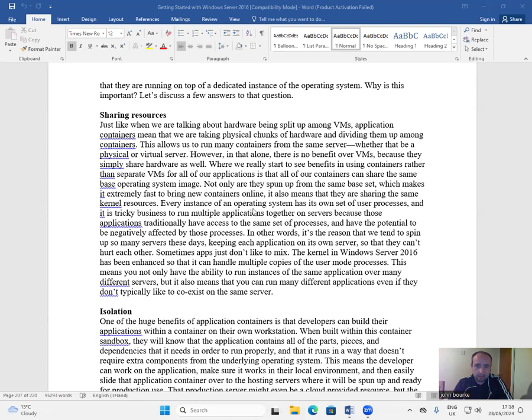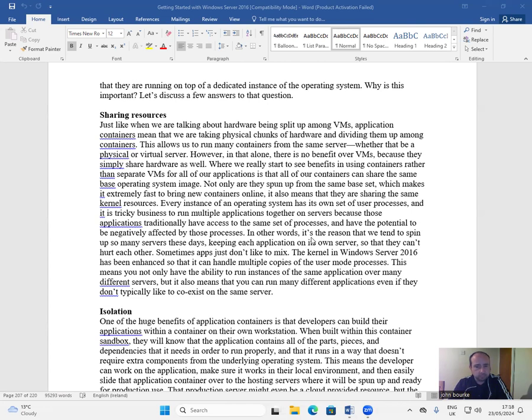Every instance of an operating system has its own set of user processes, and it is tricky business to run multiple applications together on servers because those applications traditionally have the same set of processes and have the potential to be negatively affected by those processes.